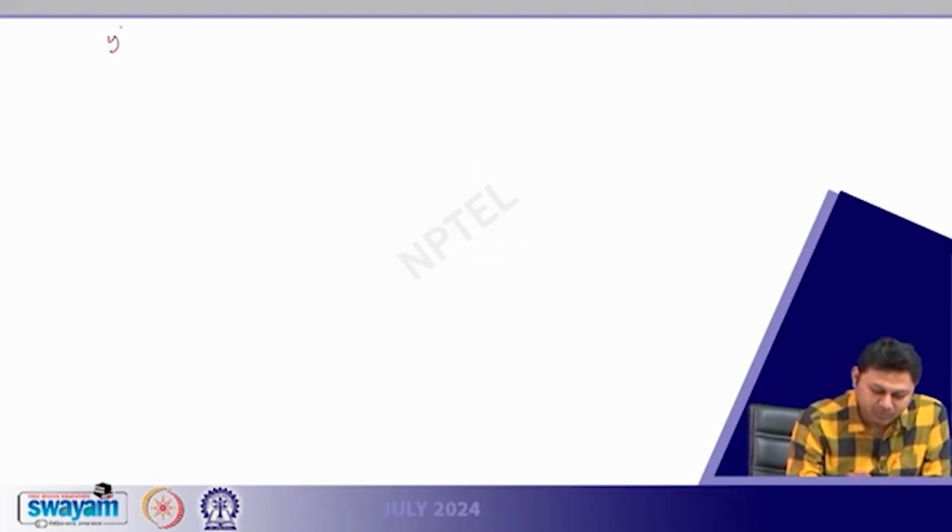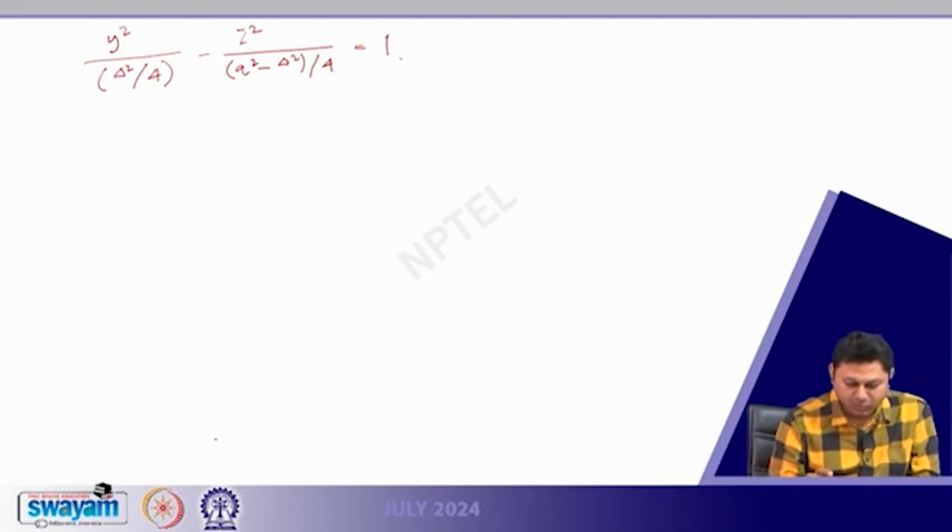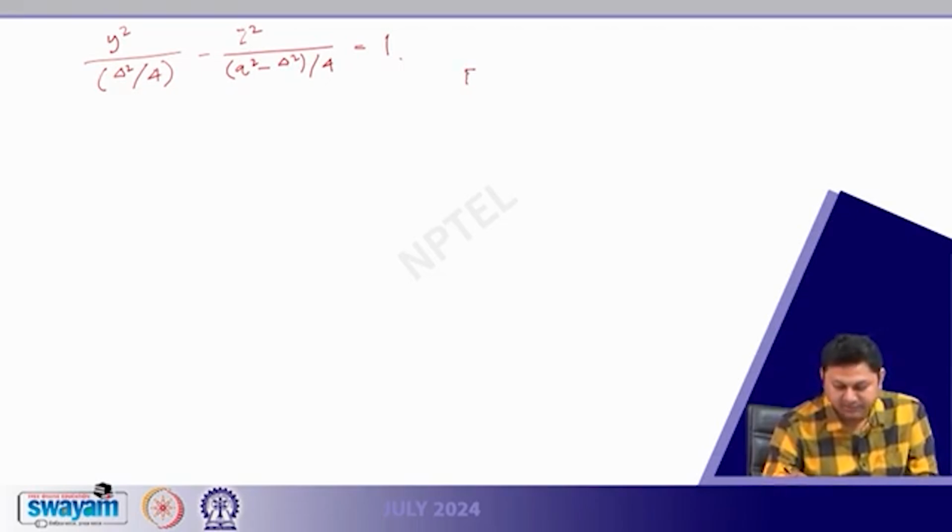This is y square divided by delta square by 4 minus z square divided by a square minus delta square divided by 4 is 1. So, for a fixed delta, that is path difference, we shift the point P in such a way that the path difference is fixed.